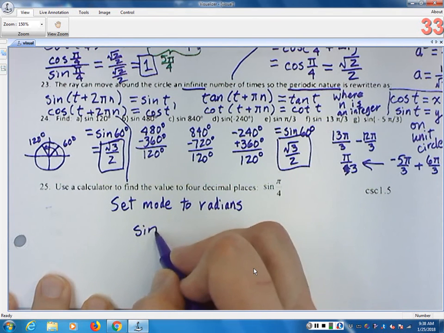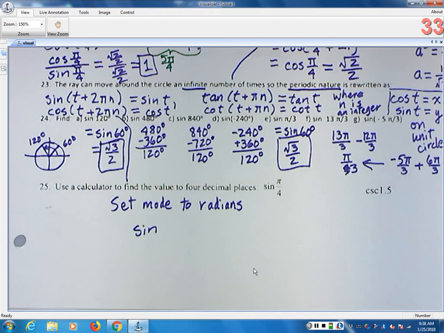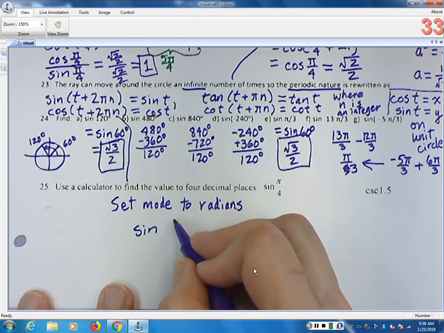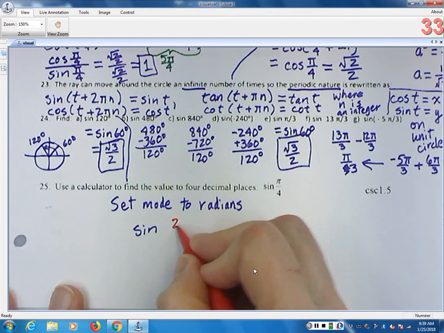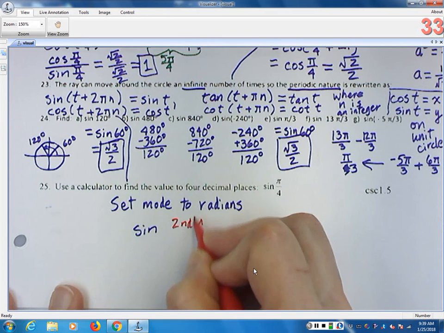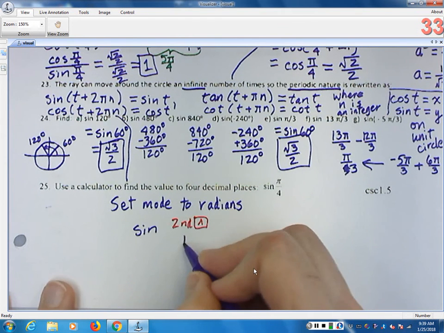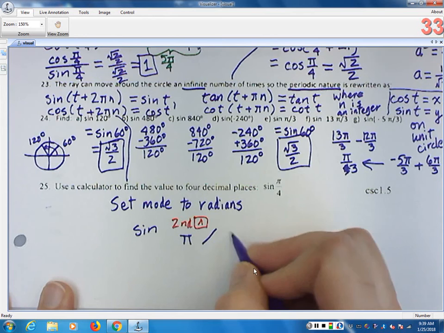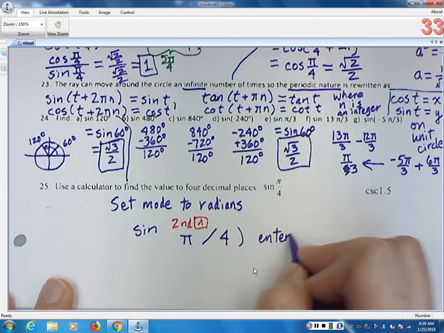Sine, pi over 4, it's second caret pi, divided by 4, enter. This is what we're going to enter in the calculator.